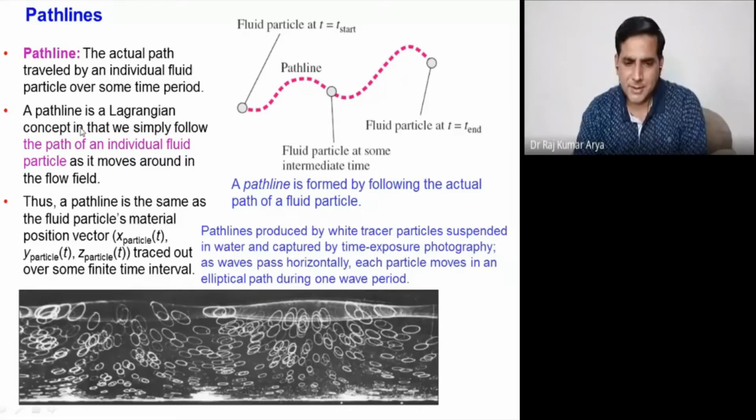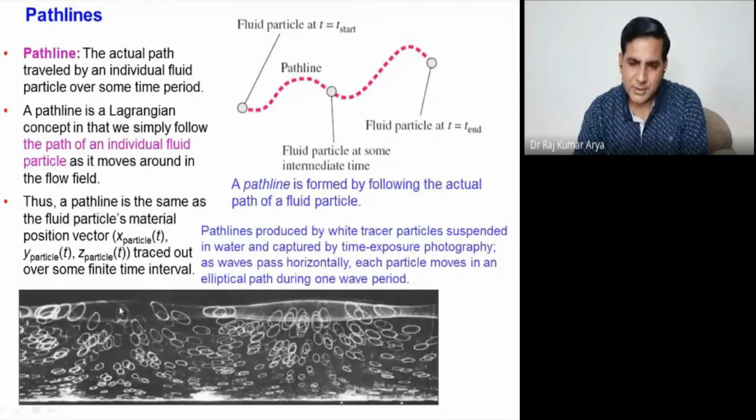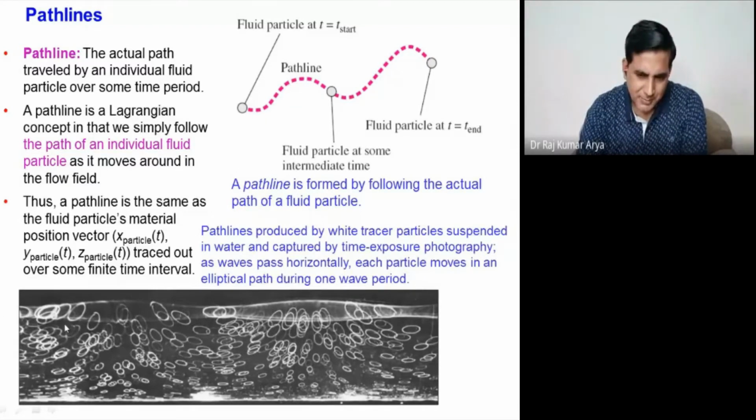Fine. Like here, you can see the visual pictures. Here you have water, you are tracing the particles, and then you can see the pictures here. How do you trace them? That is the tough part, which particle is going. Let's say this particular size of particle, the bigger one.